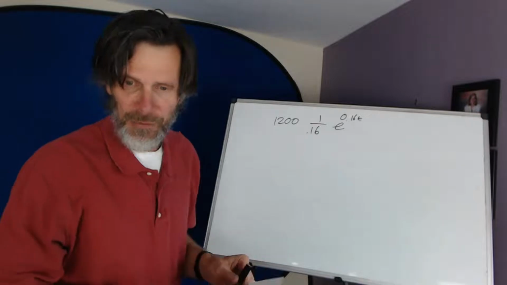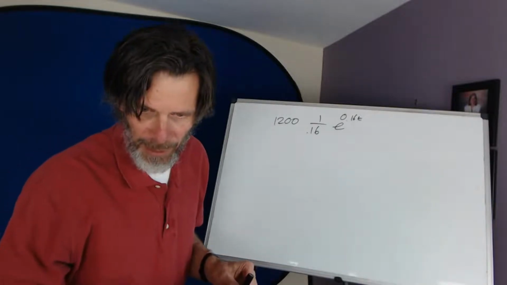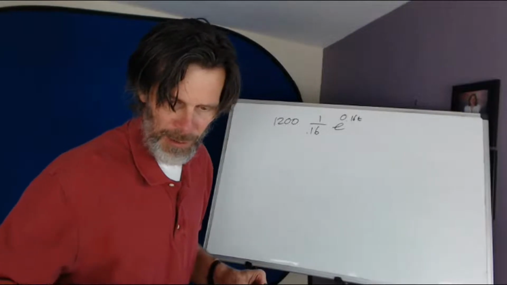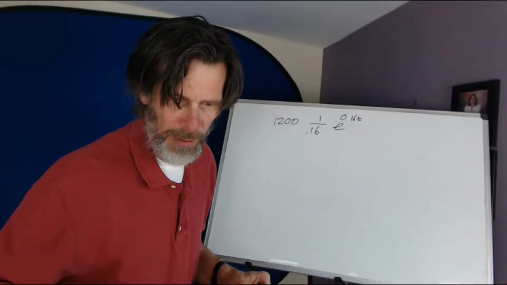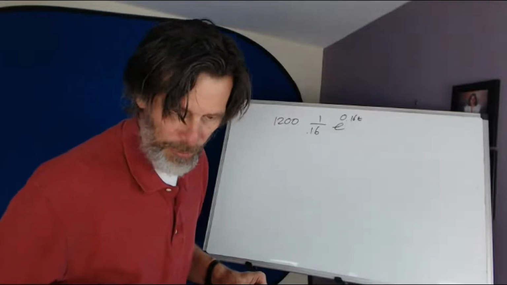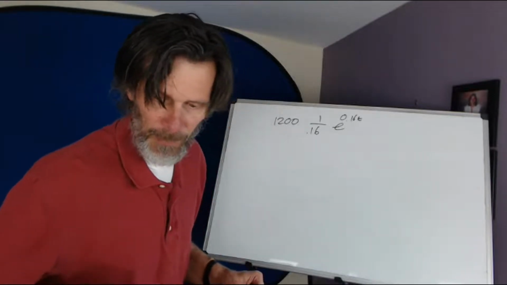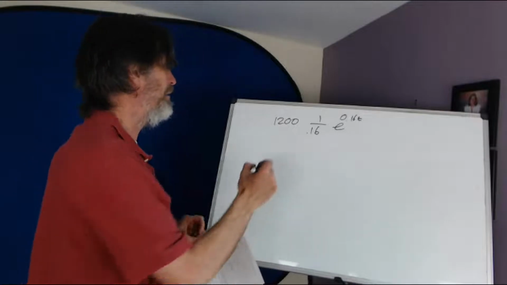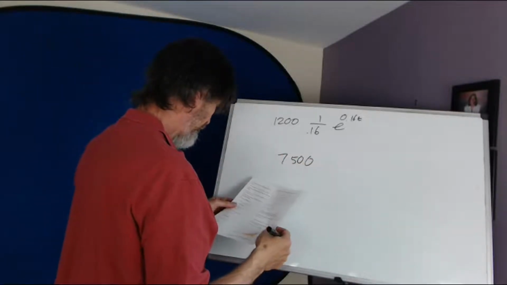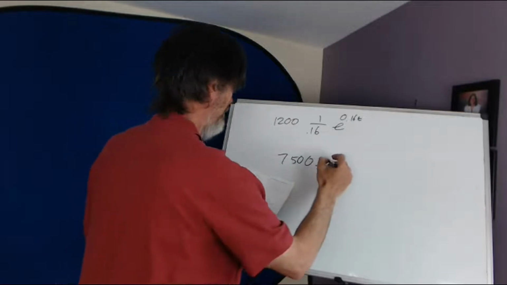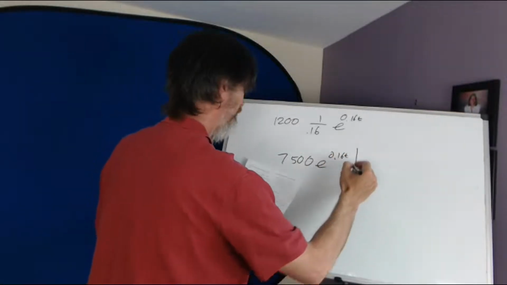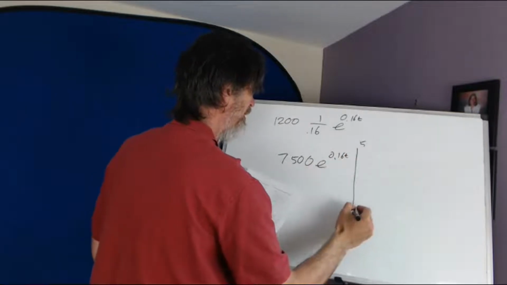So let's see what we get on that calculation, shall we? $1,200 divided by 0.16 is 7,500. 7,500 e to the 0.16t evaluated from 5 to 0.